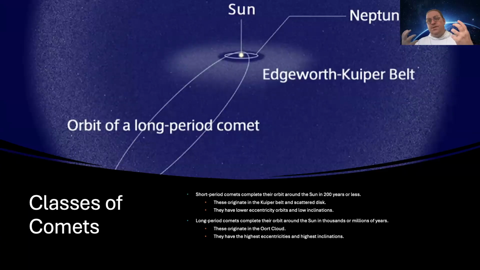We'll return to that later when we talk about detection methods of exoplanets. So if you have a comet that has a long period, that means that it has a larger orbit, and therefore it has to come from further away. And again, long period comets also tend to be far more elliptical than short period comets.